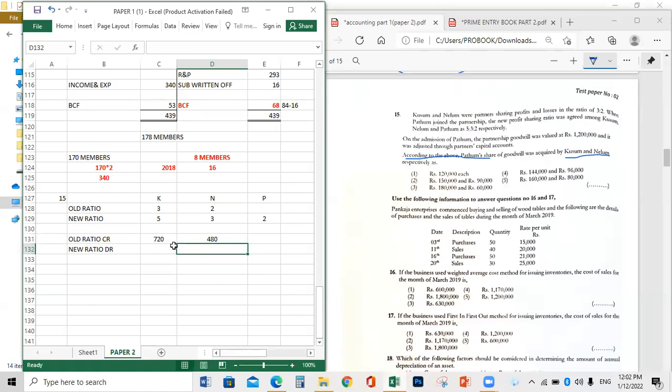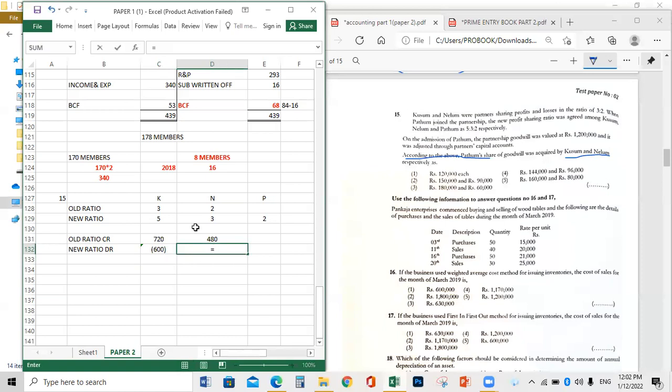Now new ratio debit means it's minus, you have to reduce it. So that is 1200 into 5 out of what? You should take the total, guys. That is 10, right? 5 plus 3 plus 2 is 10. So 5 out of 10. That should be minus actually, not plus. Minus 600.